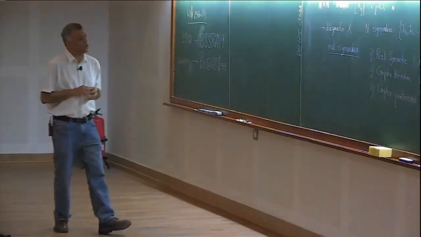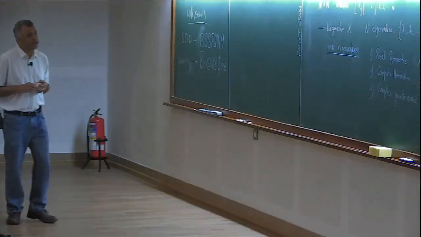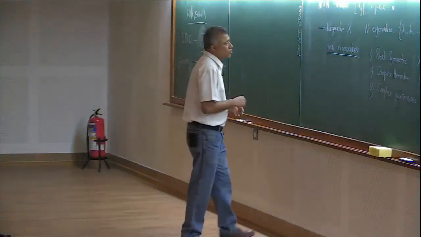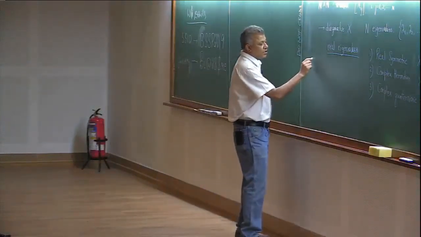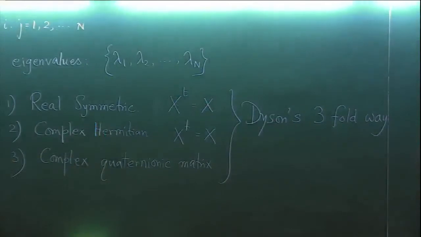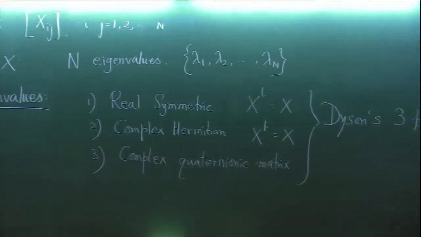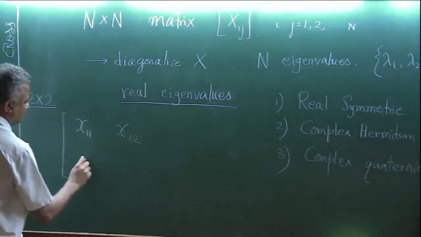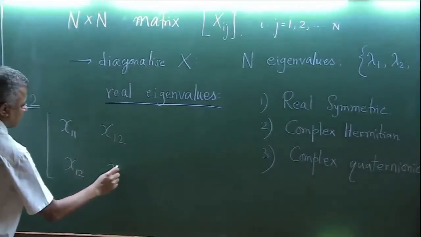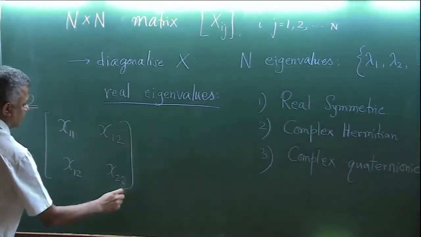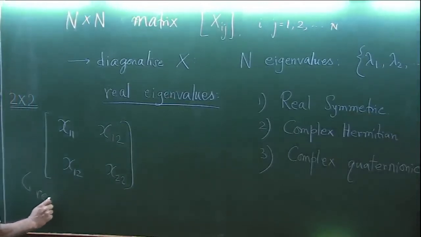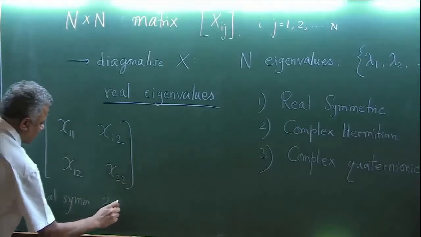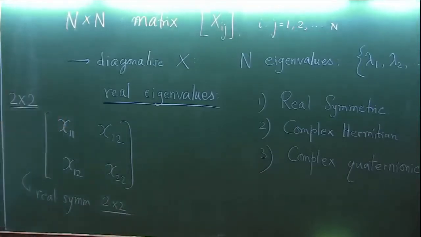Now imagine that the elements of this matrix are random variables. For example, let's take a real symmetric matrix, 2 by 2 for simplicity.